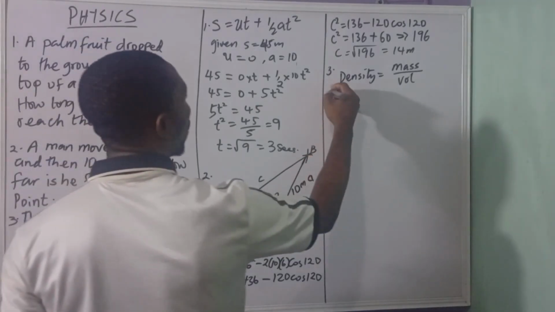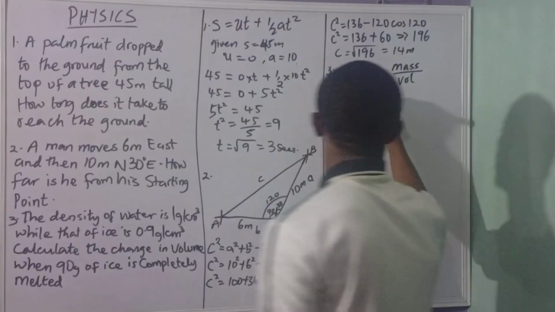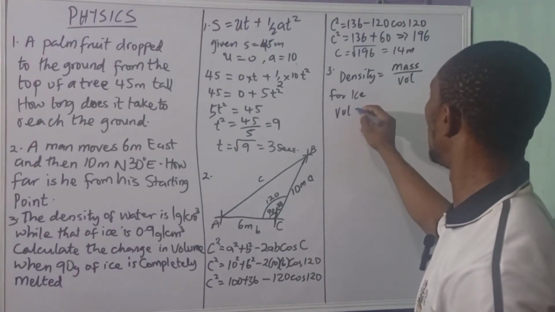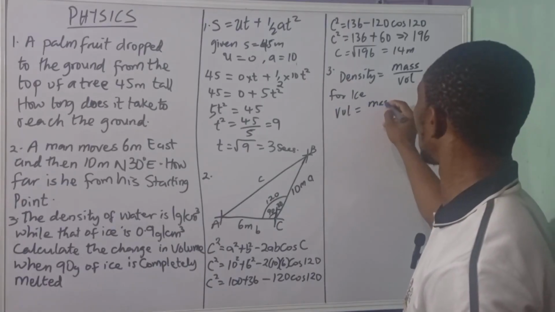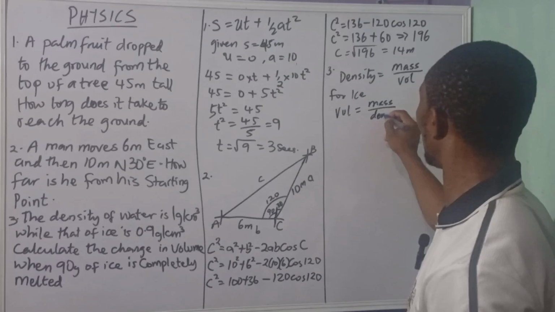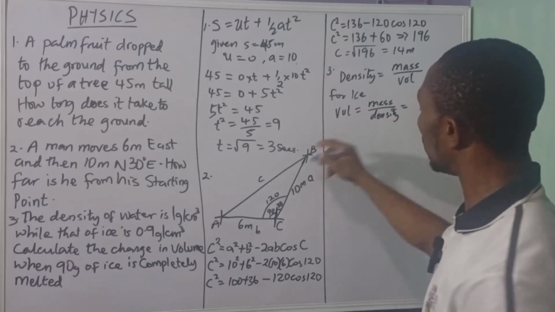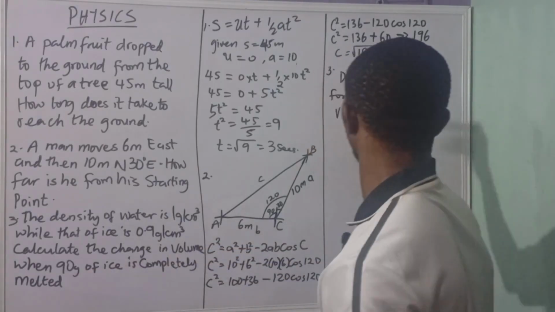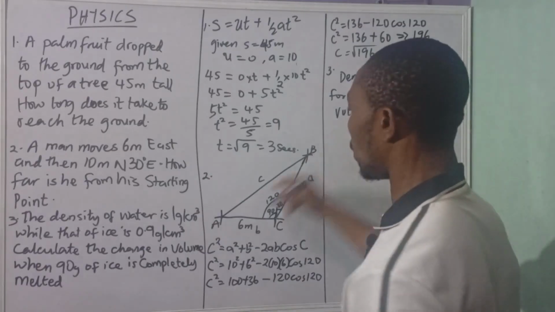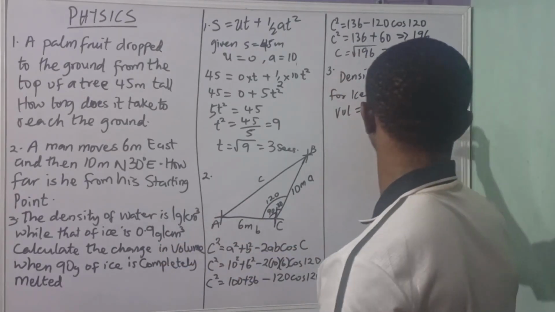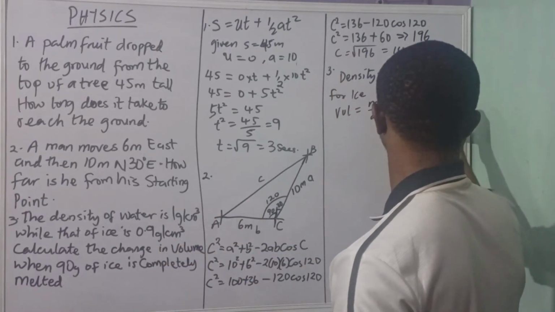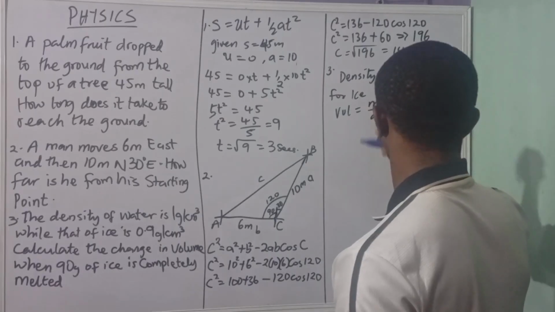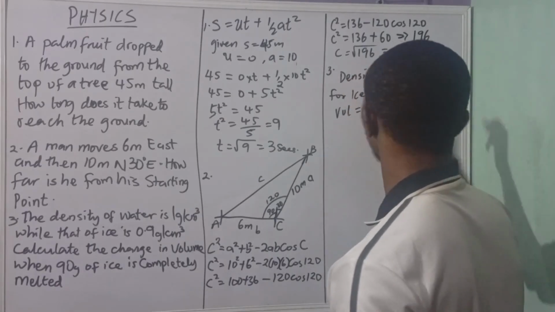For ice, volume equals mass over density. Our mass here is 90, and the density of ice is 0.9. This gives us 10 cm cube.